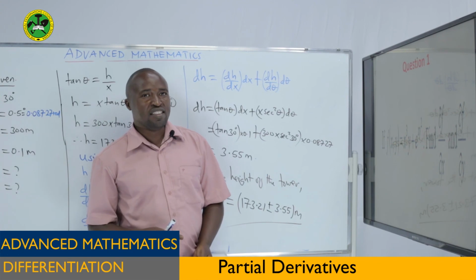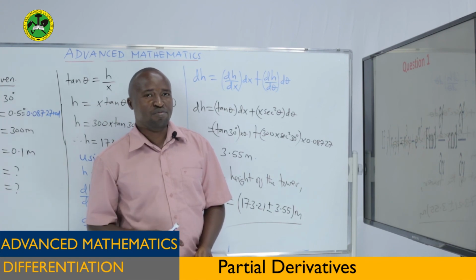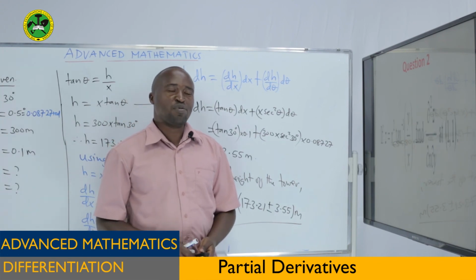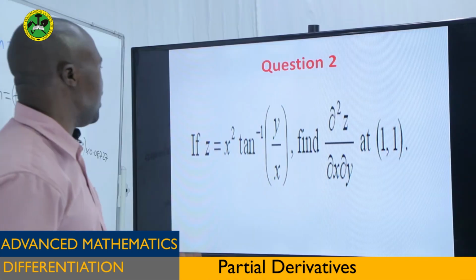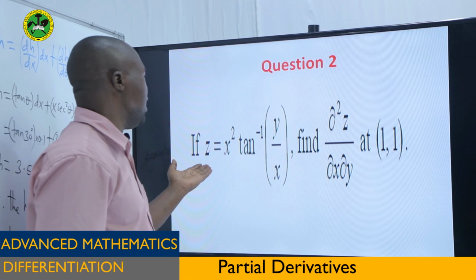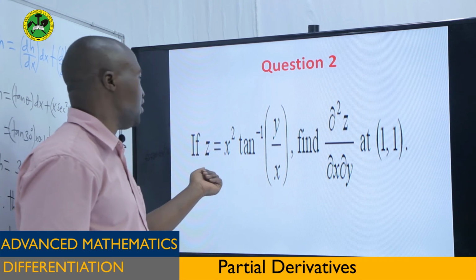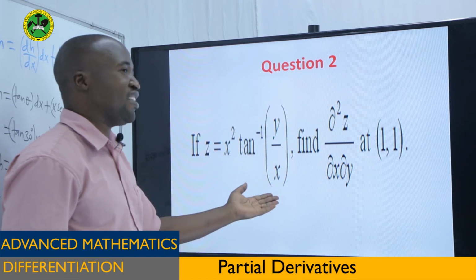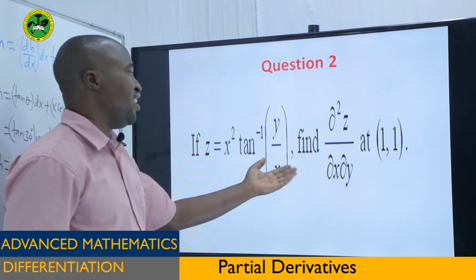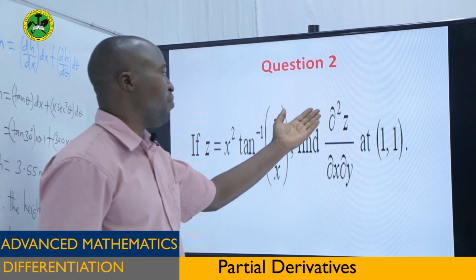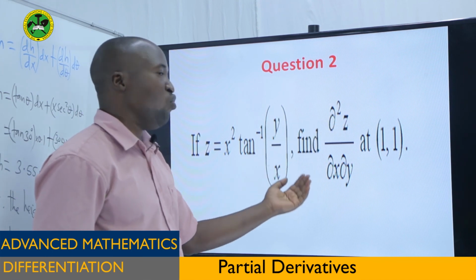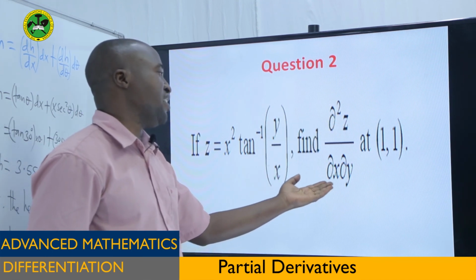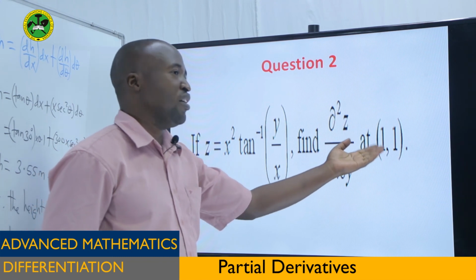I'm sure this question is very simple for you. Dear student, let us proceed with the second question. If z is equal to x squared tan inverse of y over x, find the second order partial derivative of z with respect to x and y at 1, 1.